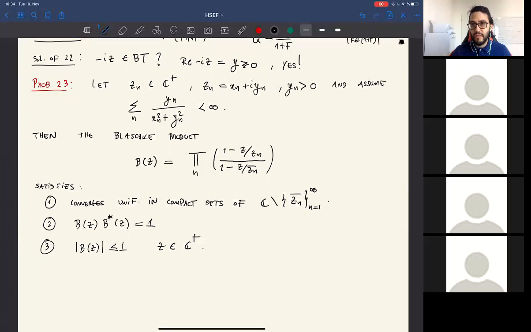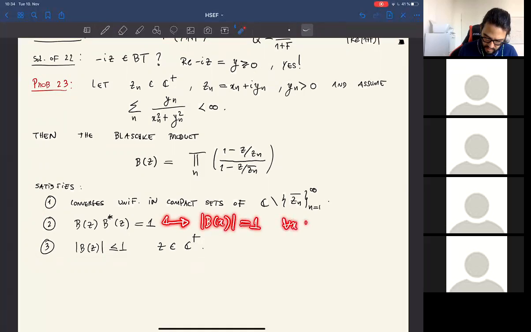Usually inner functions can be split into a Blaschke product, if you remove all the zeros, times some other thing, which we will see in a moment. If you search in the literature, Blaschke products are used to decompose inner functions, which are functions with these two properties at the boundary. This thing here you can show is equivalent to saying that the modulus of P of x equals 1 for all x real.